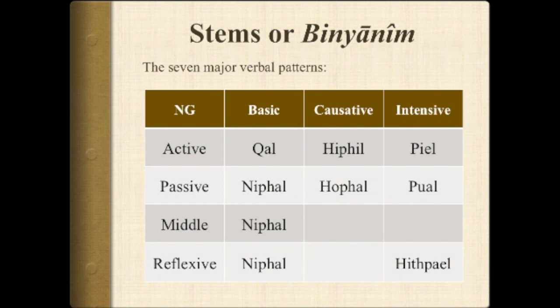So here is an outline of the seven major verbal patterns and what their basic sense is. So we have here on the left active, passive, middle, and reflexive voice. Qal, hifil, and piel are all active. Nifal, hofal, and pual are all passive. Nifal can also have a middle voice and a reflexive voice along with hithpael. The basic meaning of a verb is either in the qal or nifal.